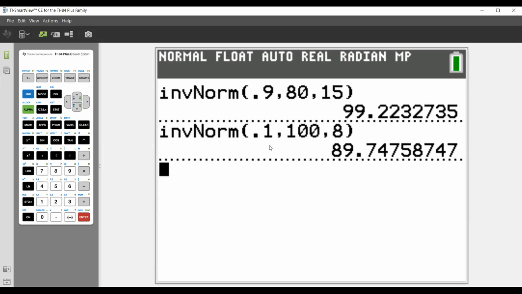If you wanted to rephrase it, you'd say the 90th percentile in terms of the fastest times, right? But I would say the 10th percentile here would be the correct answer, because we're looking for the smallest 10% of the times. Any questions about that?